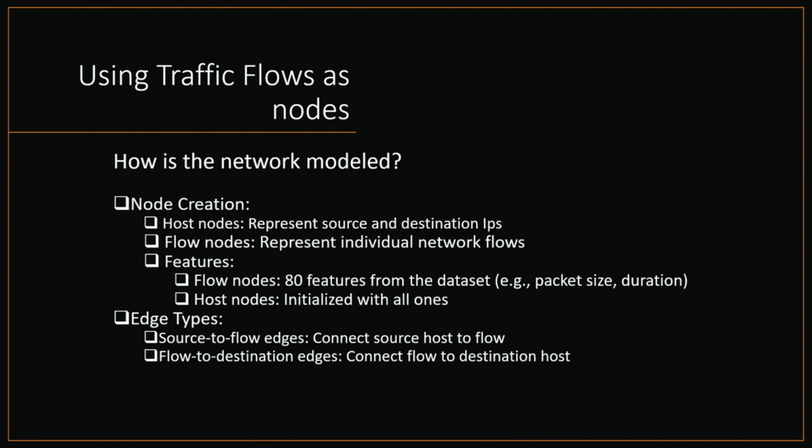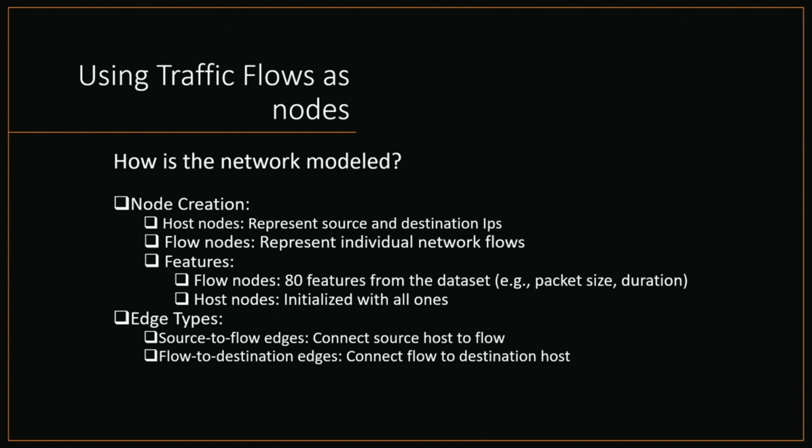The second is flow nodes, which is just a traffic flow. We will have an edge between a source IP and a flow based on that node, and that same flow has an edge with a destination IP. Very simple graph. I'll show you the visualization in the next slide.